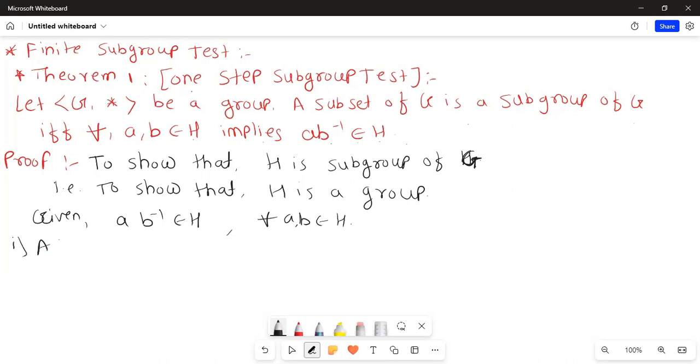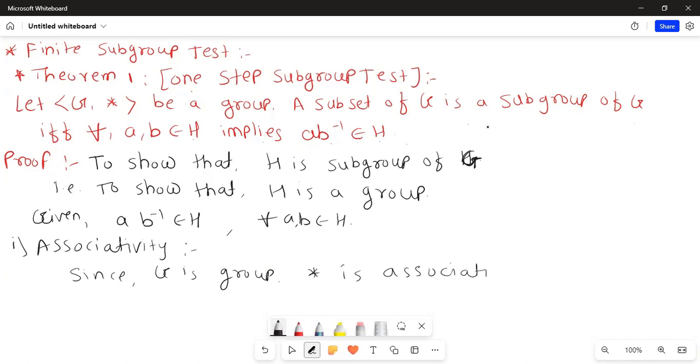तो फर्स्ट प्रॉपर्टी क्या है? एसोसिएटिविटी. तो एसोसिएटिविटी में देखो, since G is a group, then star is automatically associative. ग्रुप है यानी कि वो एसोसिएटिव है.